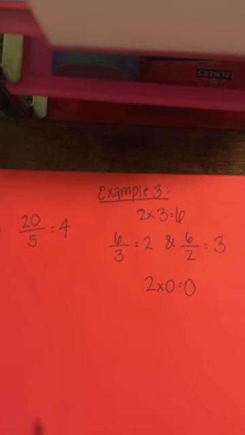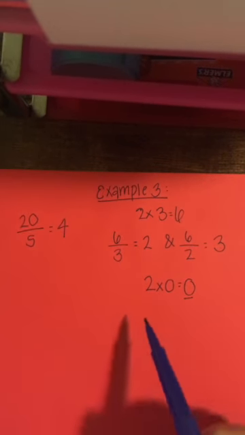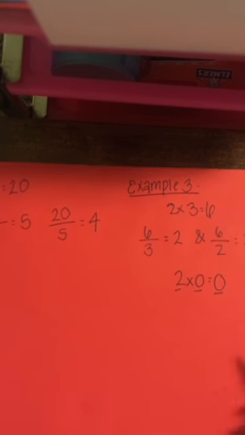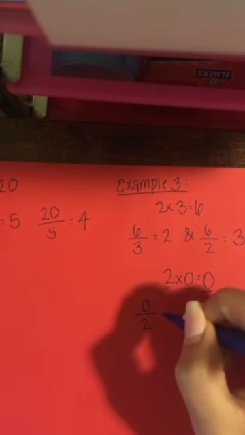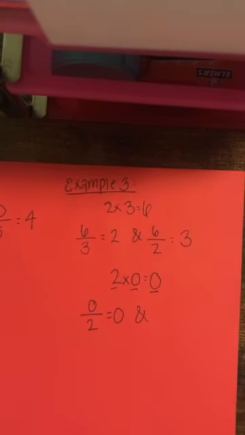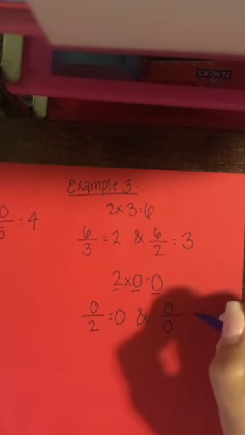So we see that the product is 0 here, and the factors are 2 and 0. So our two possible arrangements would be 0 divided by 2, which equals 0. And then we would also have 0 divided by 0 equals 2.